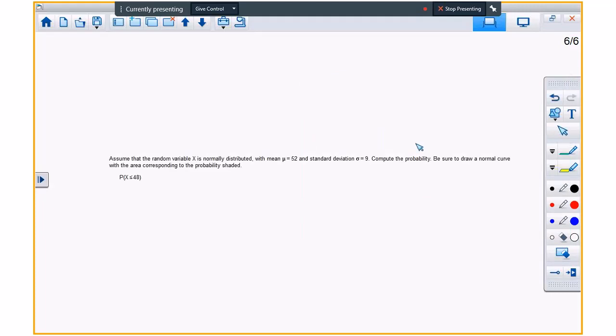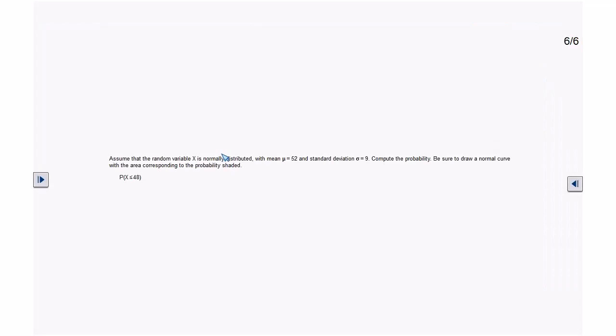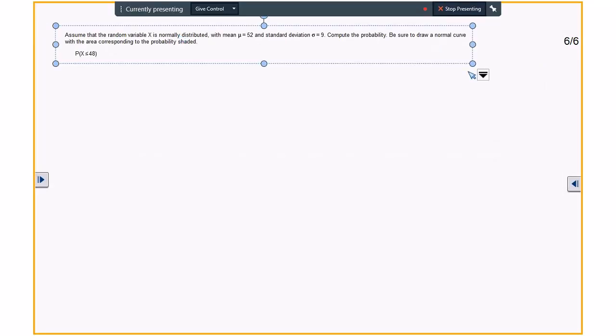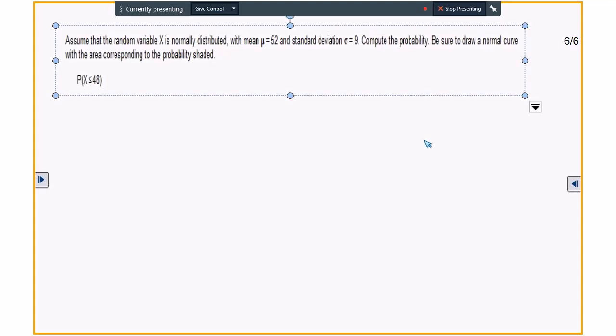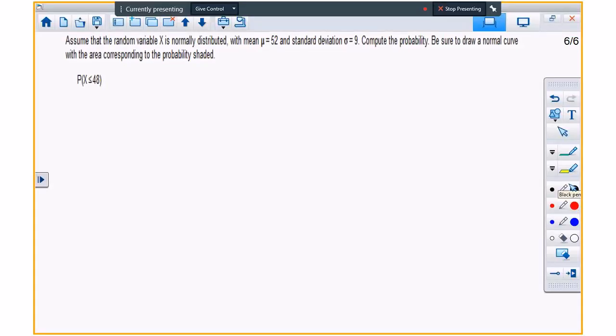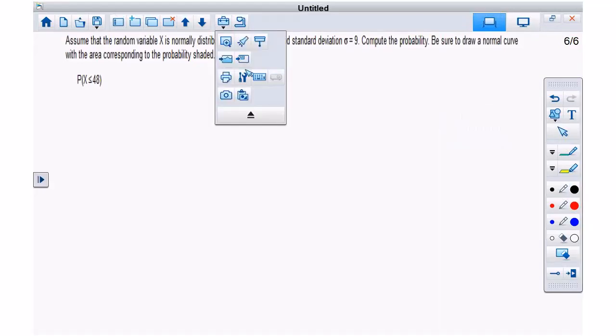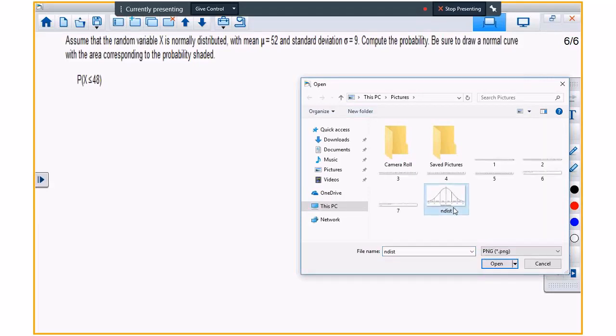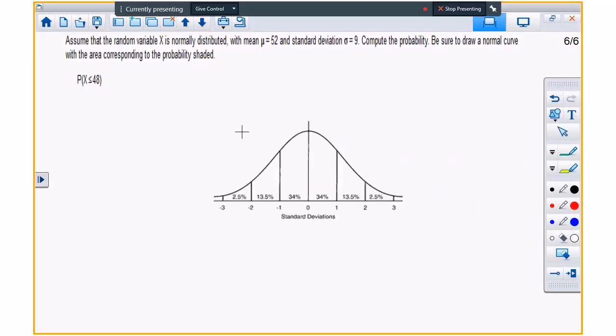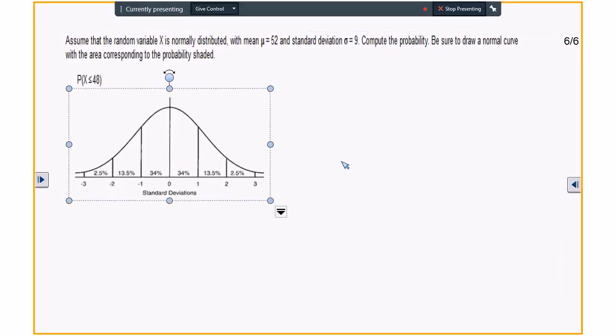And this gives you a couple of questions per on 7.2. So you should be able to look at your notes now and be able to find how to do these problems. I'm going to give you about 2 minutes to do this one. Draw a picture.